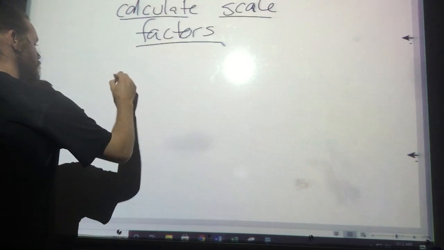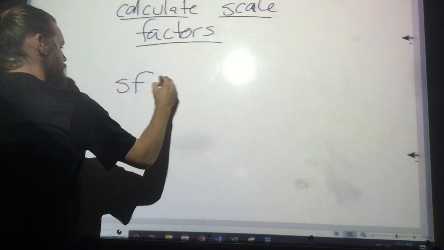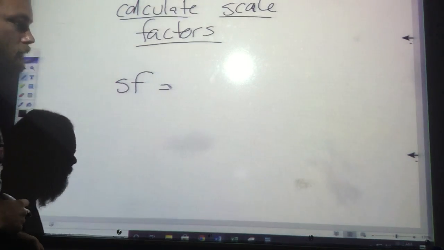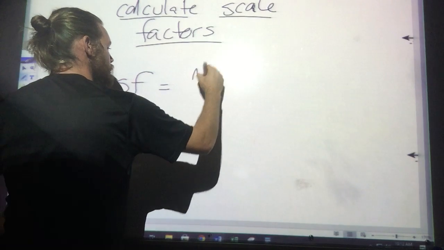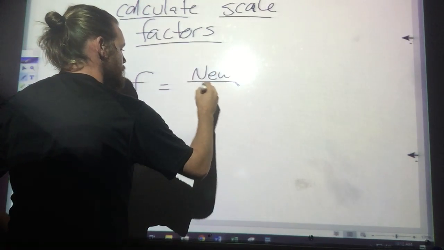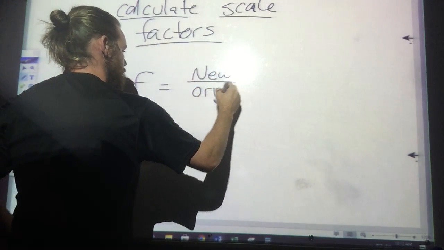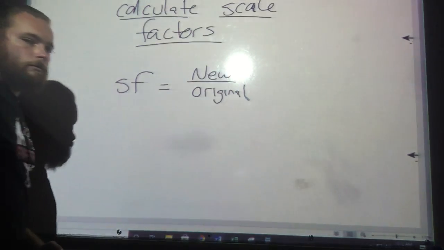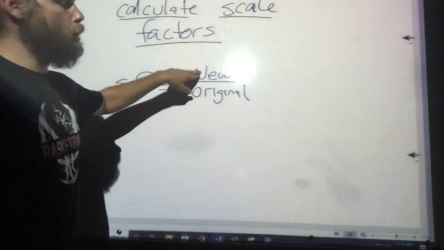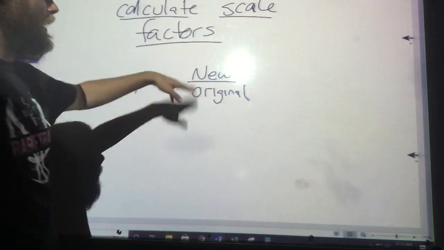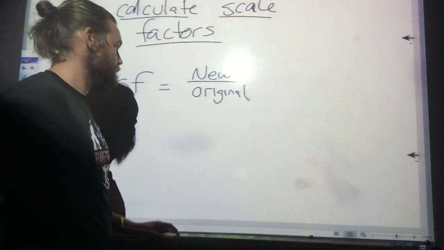Okay? So, to find a scale factor, you're going to take all your new images, and divide it by the original. Okay? To calculate your scale factor, take your new image or your new measurements and divide by the original.